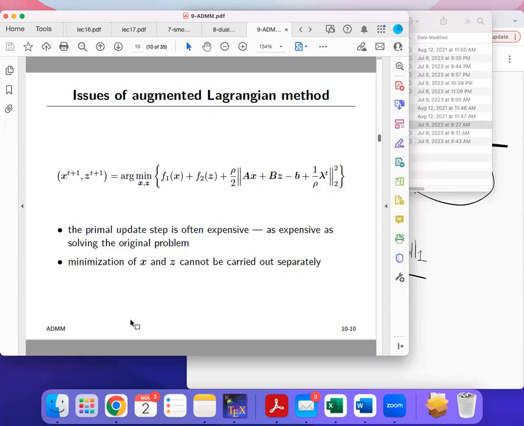The primal update is often very expensive. Solving this problem may need another algorithm, and that algorithm may take expensive steps to solve. Solving this problem is as expensive as solving the original problem.